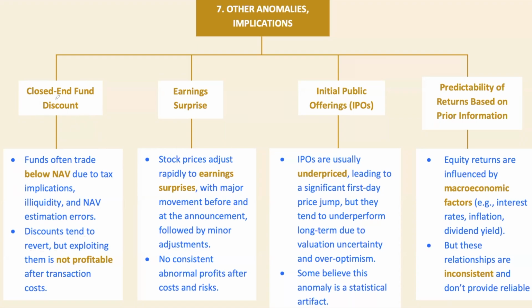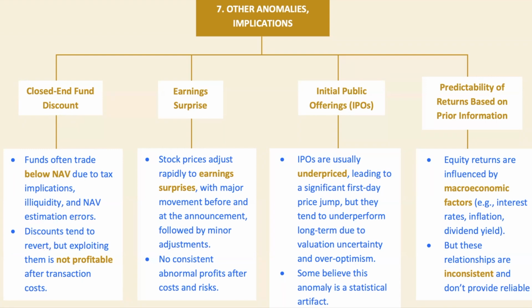Need more explanation? Closed-end funds are those that trade on an exchange but only have a fixed number of shares. Often they'll trade at a discount or occasionally a premium to the net asset value of their holdings. Some folks see that discount and say, wow, easy money. I'll buy the fund cheap because it's worth more if you sum up all the underlying holdings.